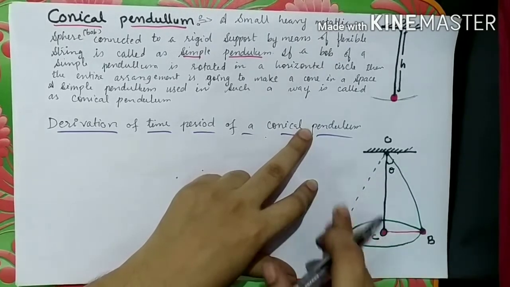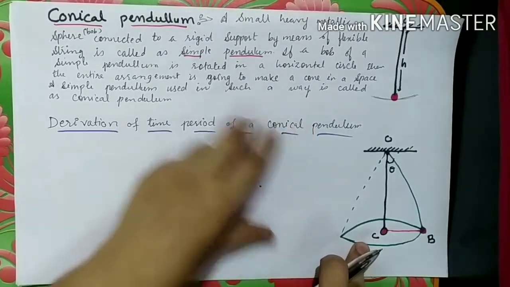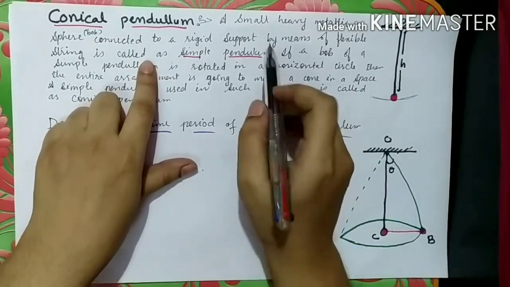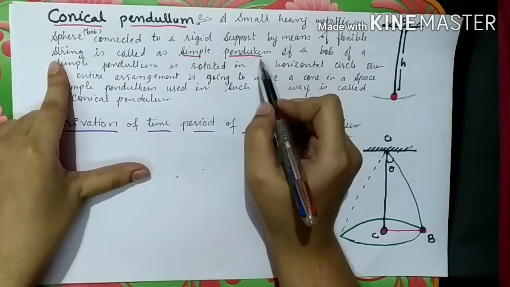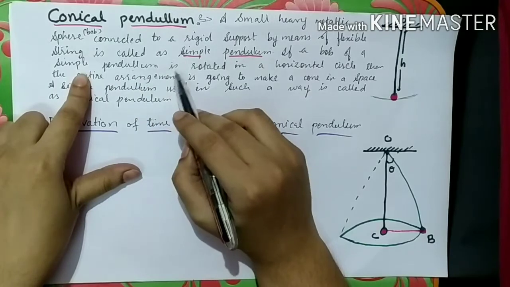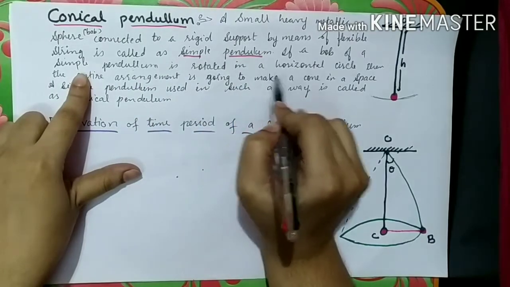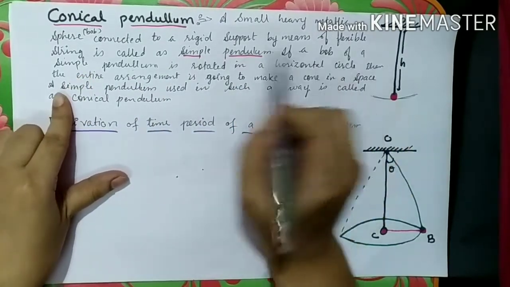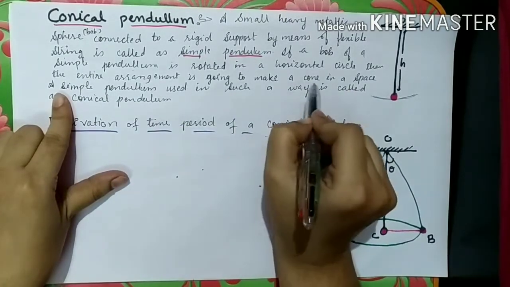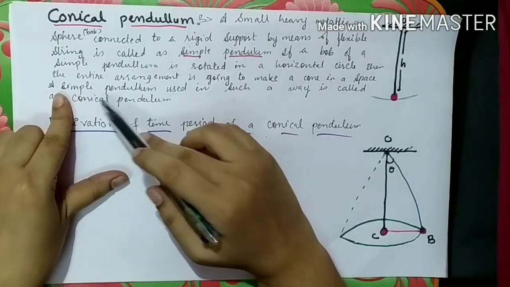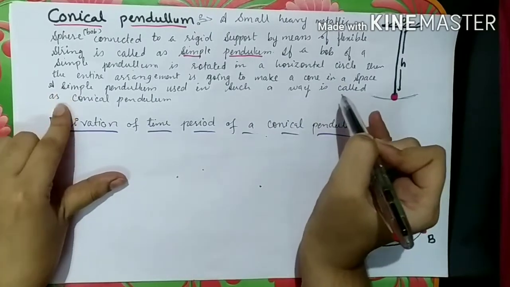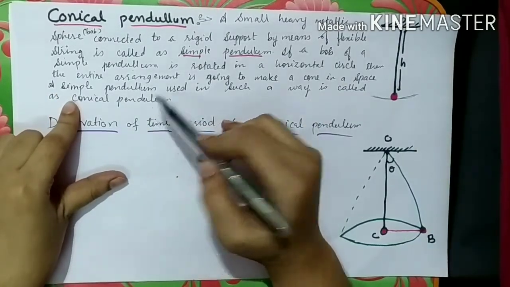A simple pendulum used in such a manner will be called a conical pendulum. So again, the definition: if the bob of a simple pendulum is rotated in a horizontal circle, then the entire arrangement makes a cone in space. A simple pendulum used in such a way is called a conical pendulum.